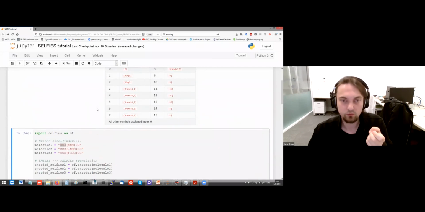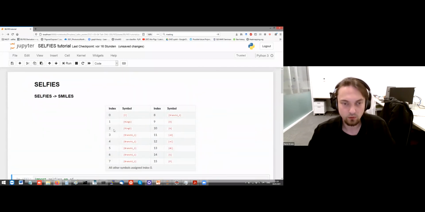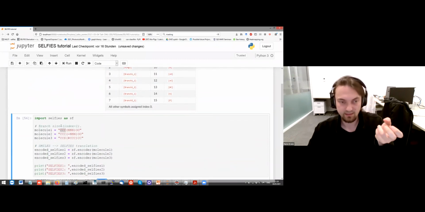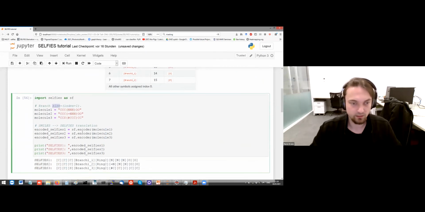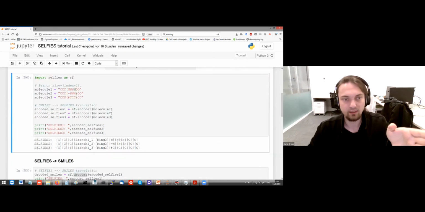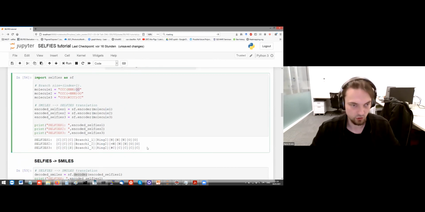Now this ring 2, we can check, ring 2 means 2. I said before the branches are size of index plus 1, so it's size 3, and that is exactly what this molecule is. So then we take the next 3 symbols, these 3 nitrogens, they are now in the branch, and then we continue with the oxygens.